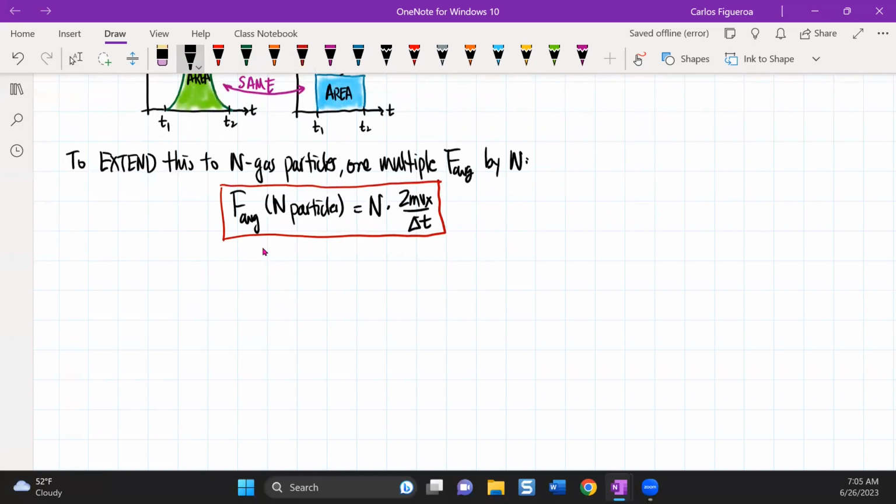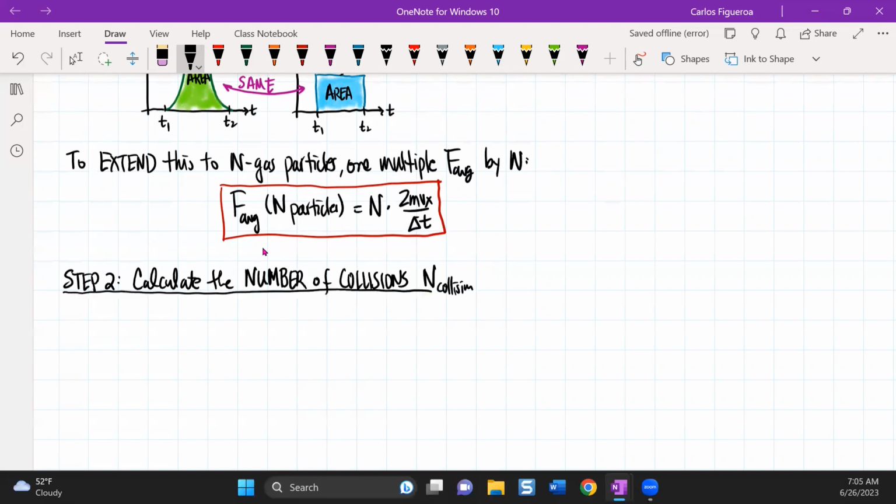Now let's go to step 2. We need to calculate the number of collisions, which I'm going to label n, with a wall, right? We want to calculate the number of collisions. And what I'm saying here is that, of course, not all the particles are colliding with the wall at the same time.